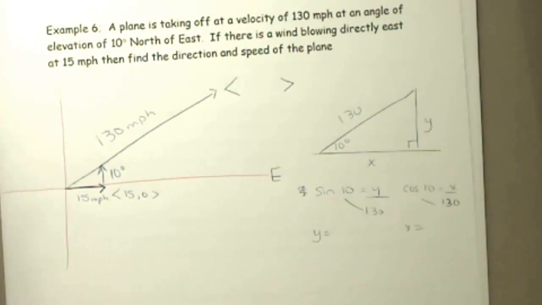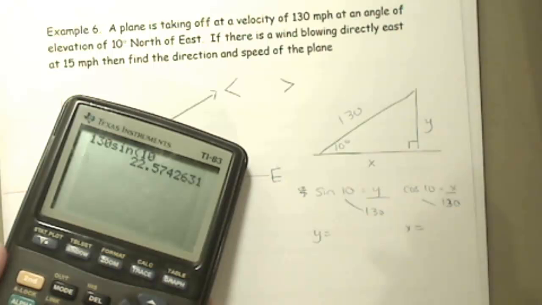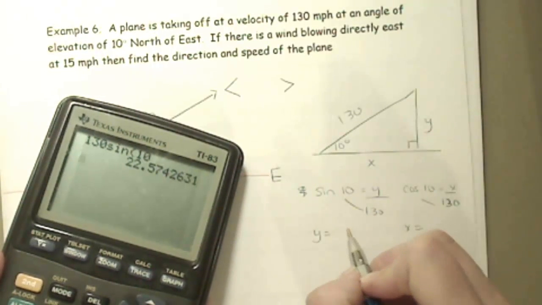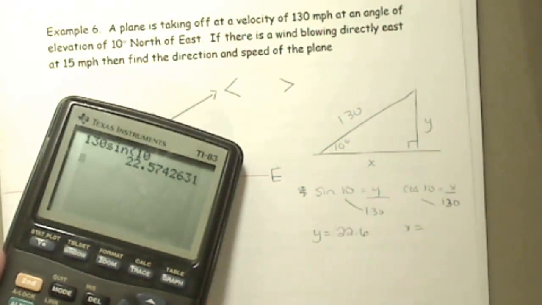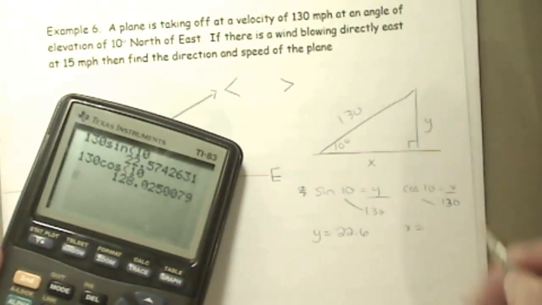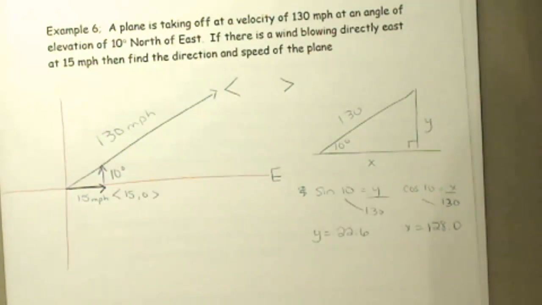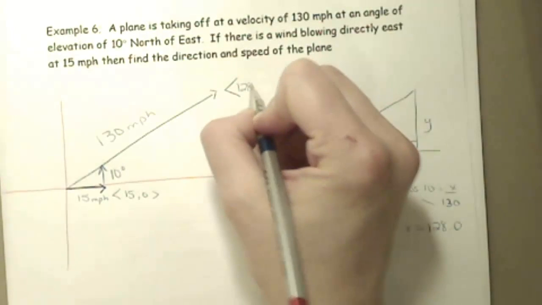So let's do 130 sine 10. 130 times sine 10 is 22.6. And 130 cosine 10 is 128.0. So I have my component form as over 128.0, up 22.6.